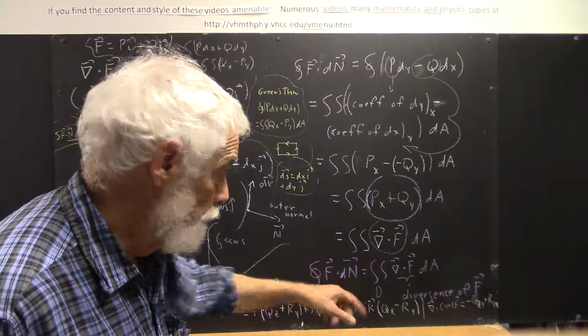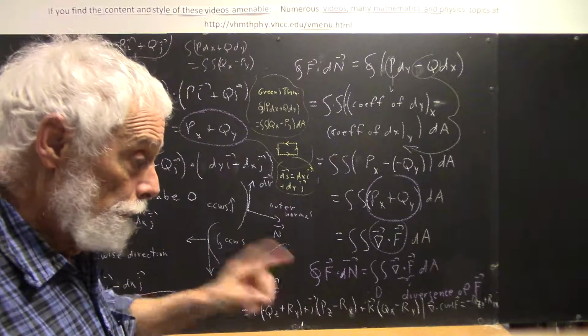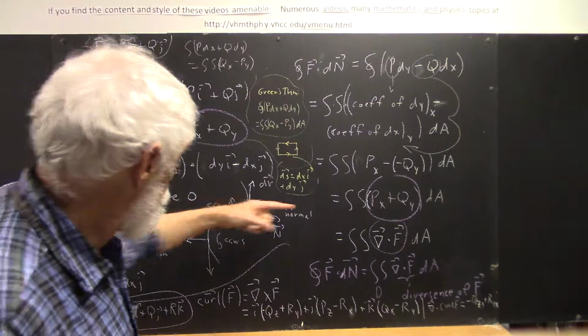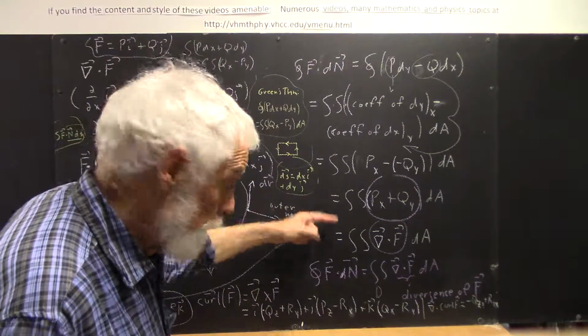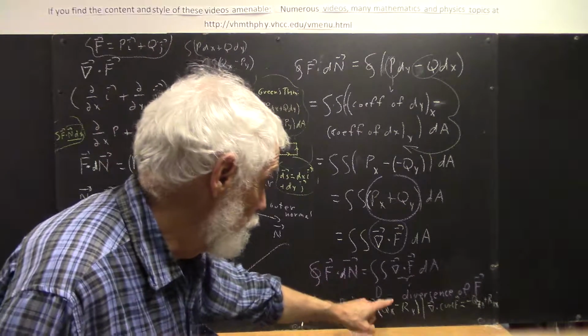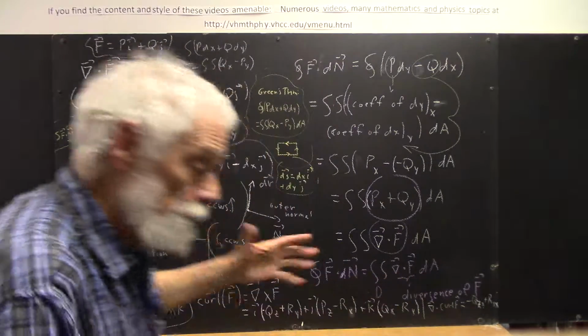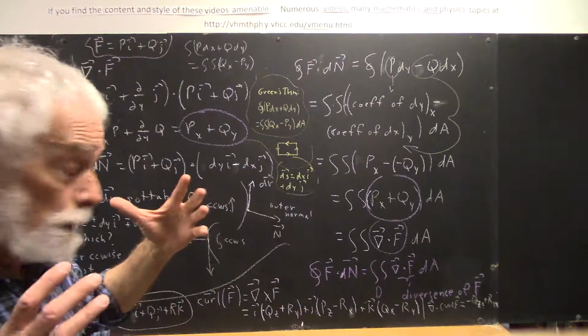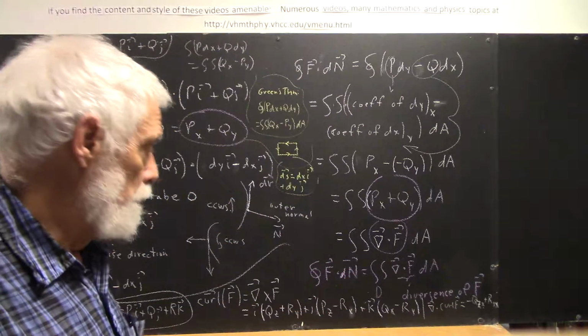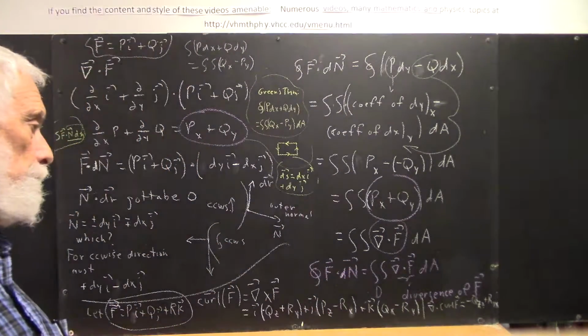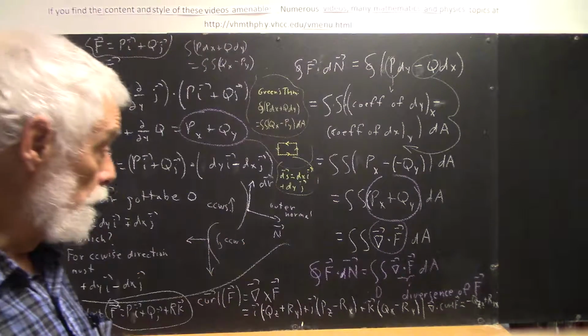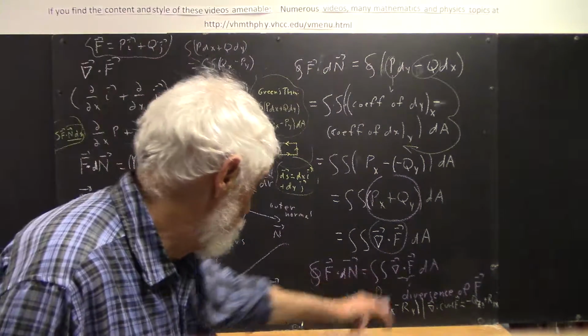F dot dn: we're integrating the part of f that's perpendicular to the curve, the part of f that's pointing out of the curve, and that's equal to the integral of this divergence over the entire area enclosed by the curve. Now, you don't have a full appreciation at this point of what that means, or if you're viewing this later, maybe you do. It's a big deal.